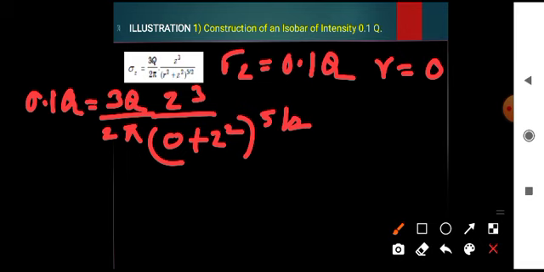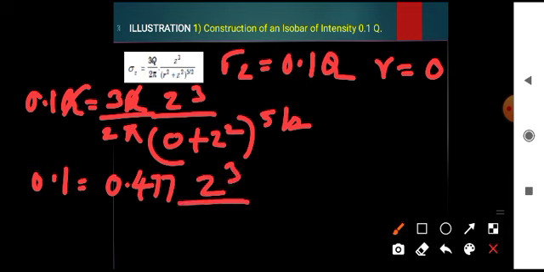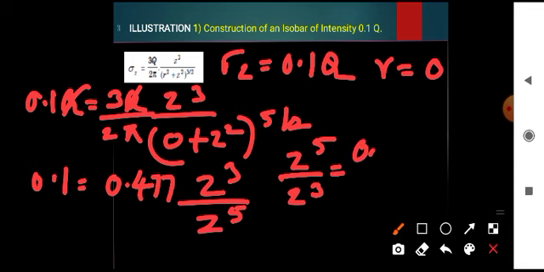Now if we simplify, q gets cancelled, so 0.1 is equal to 0.477 z cube divided by z to the power of 5. We can shift z to the power of 5 to the left hand side, so z to the power of 5 divided by z cube is equal to 0.477 divided by 0.1.